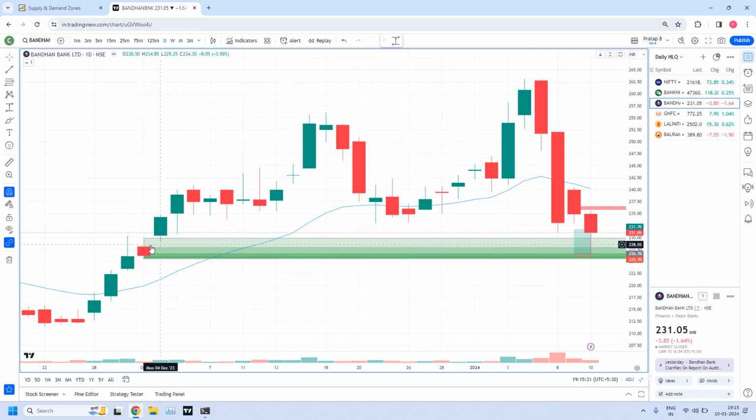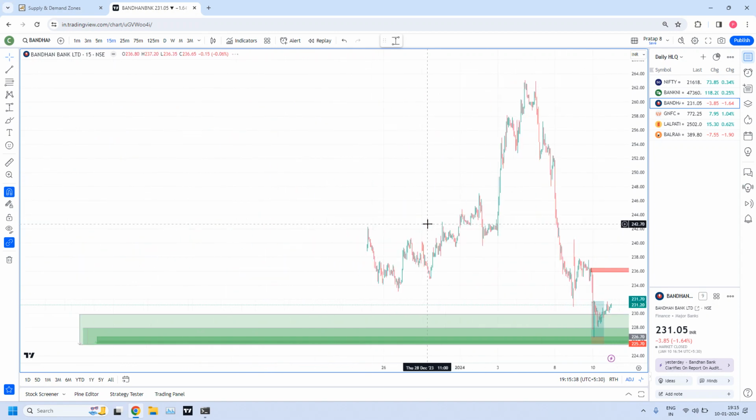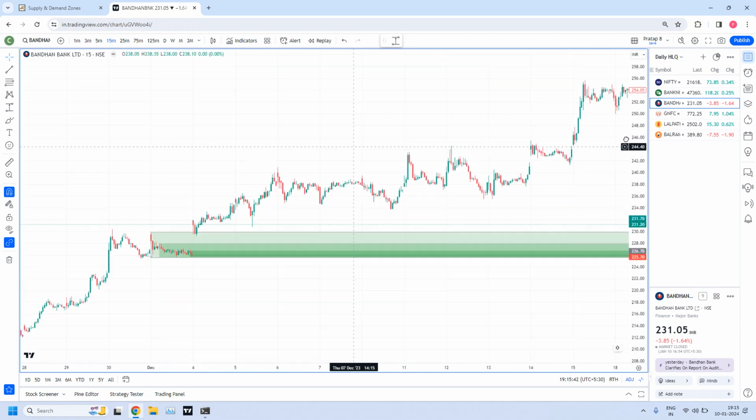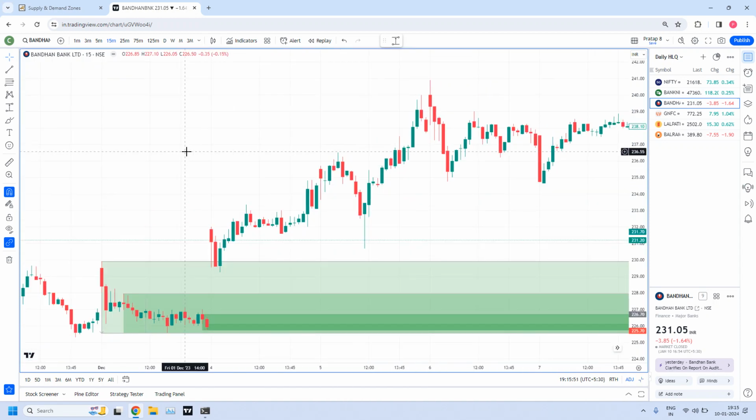And we already fine-tuned this zone to the 75 minutes time frame. We have identified a fresh 75-minute zone. So let me go to the 75 minutes.